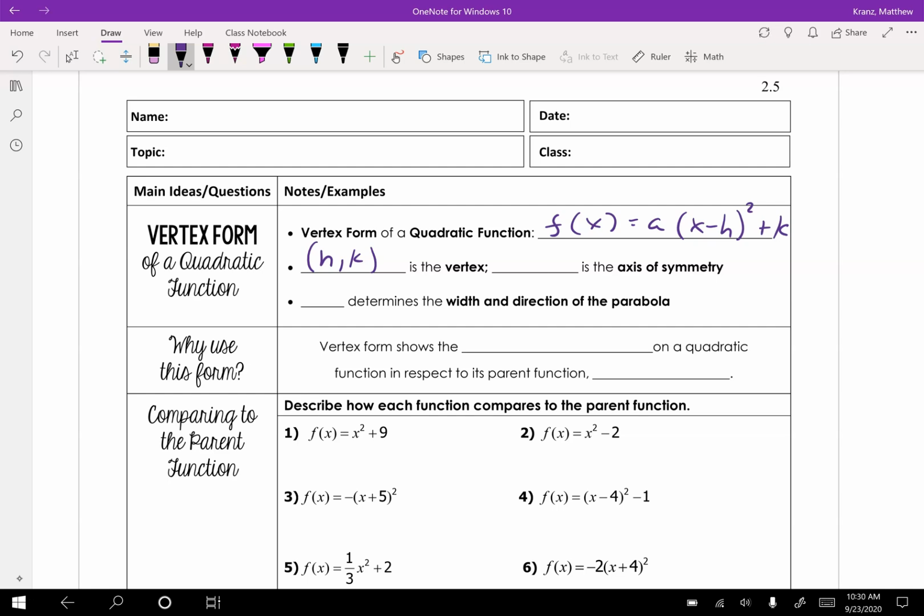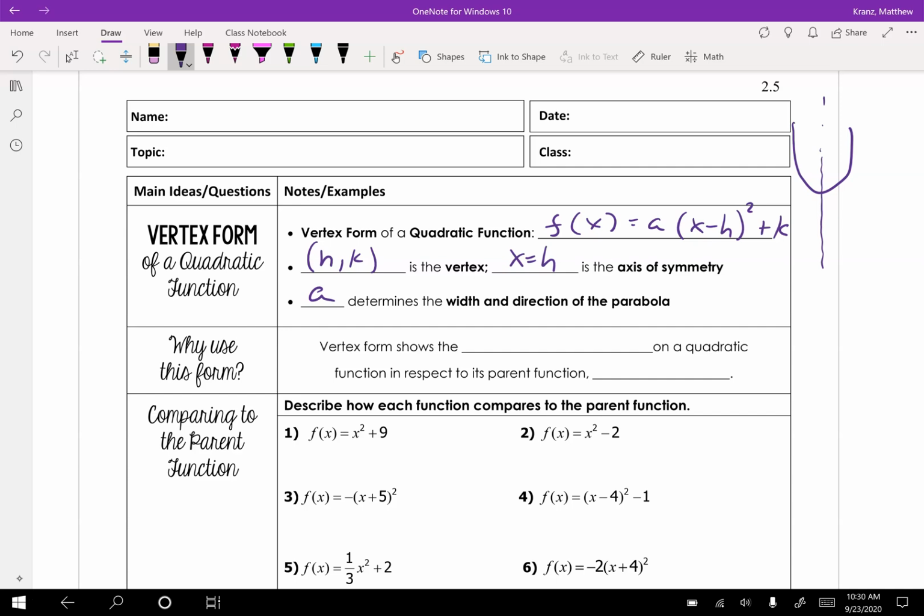Okay? And x equals h is the axis of symmetry, meaning that when we graph it, the middle of our parabola is always whatever h is for the x coordinate. All right, and a is going to determine the width and the direction of the parabola.